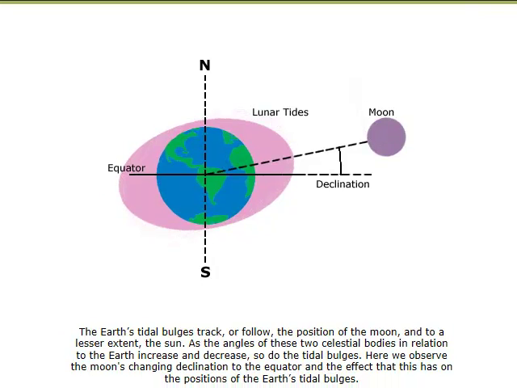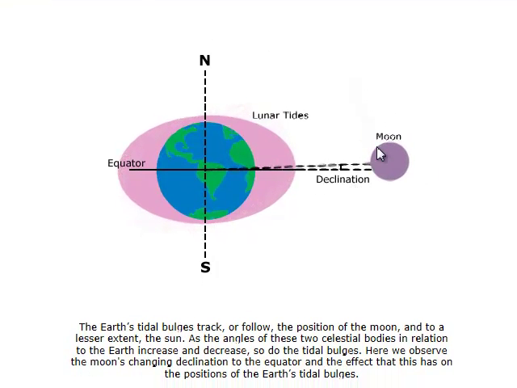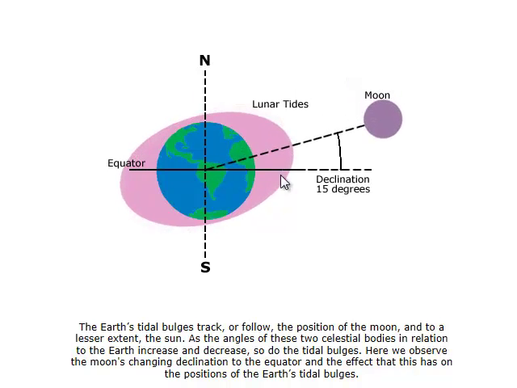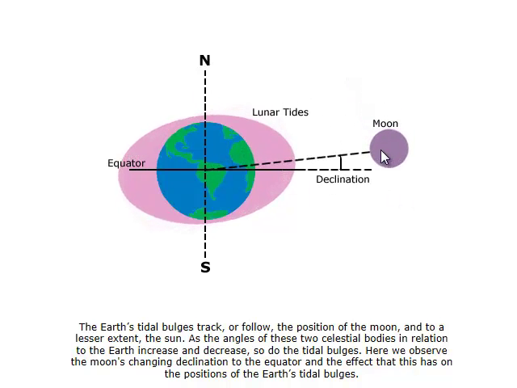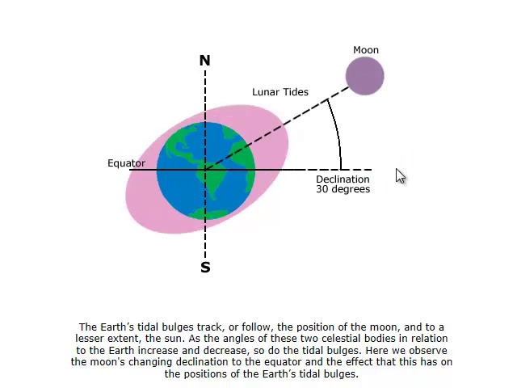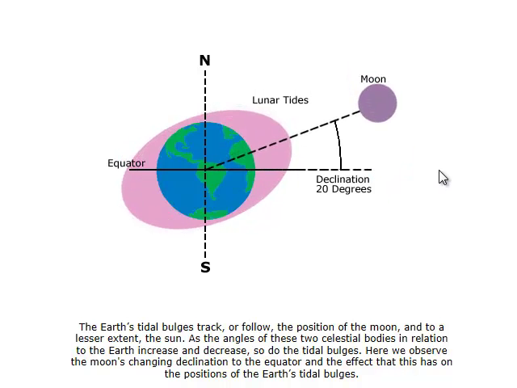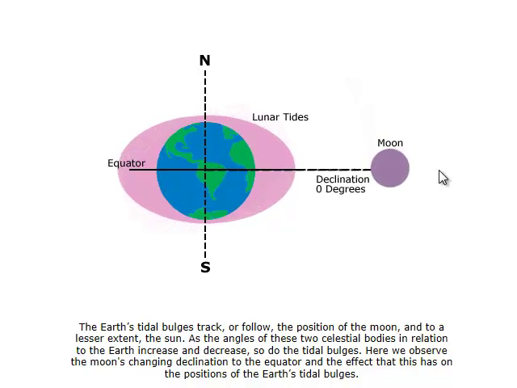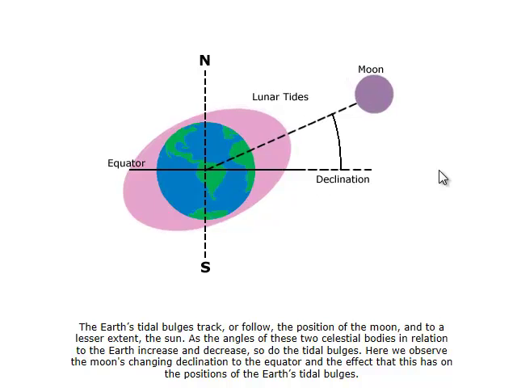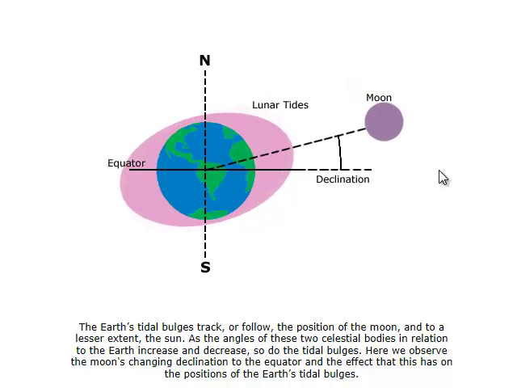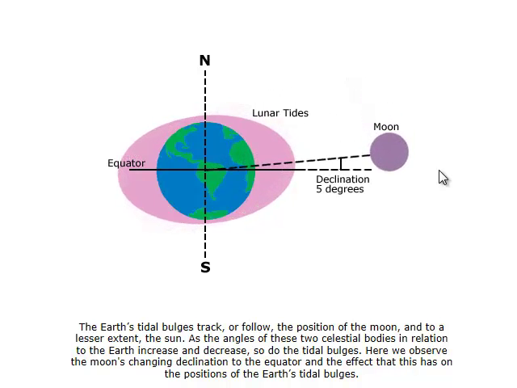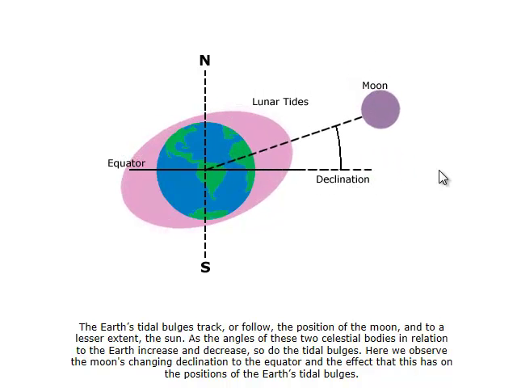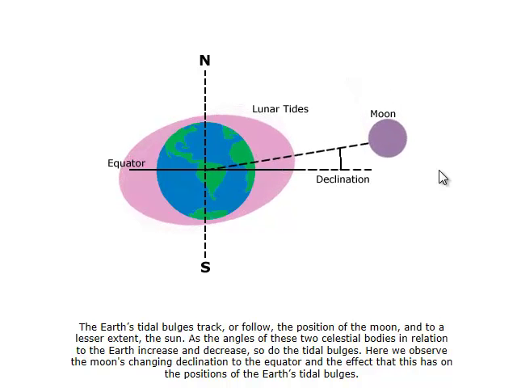So if I center this a little bit better here, what we see is we've got the Earth here, you got north, south, the equator, and you can see the moon rotating. It's not rotating that much in this picture, but going from about 30 degrees down to 0, and you can see how those tides, both the tide that's pulled towards the moon and the tide produced by inertia on the opposite side, both of those are rotating around the Earth.